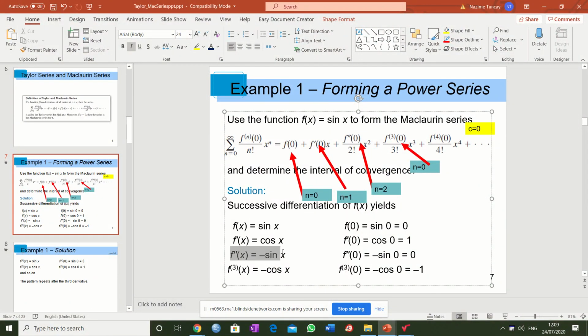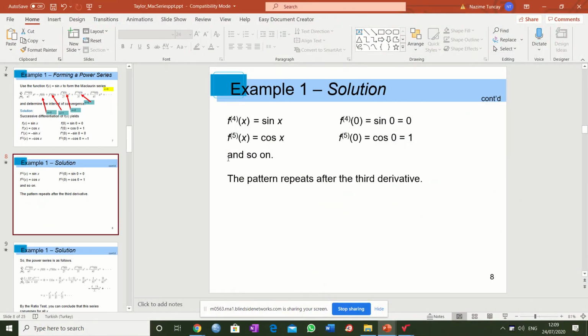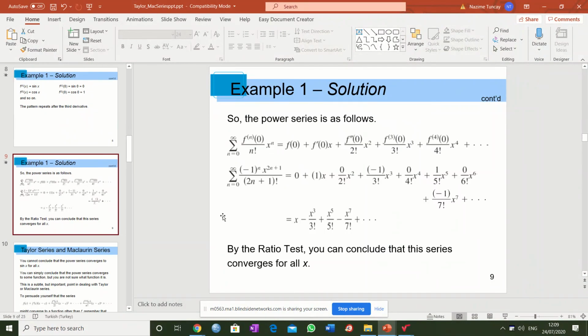The second derivative is minus sin x, giving 0, 1, 0, minus 1, and it continues like that. The fourth derivative is 0, the fifth derivative is 1, and so it repeats like that.